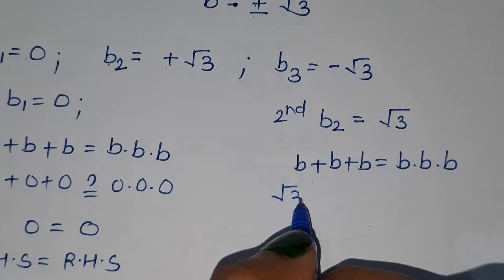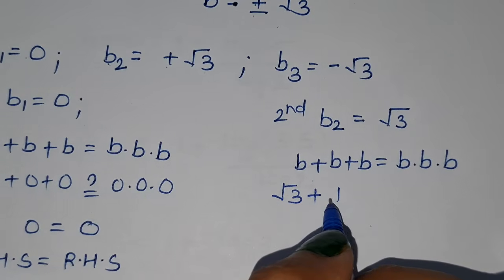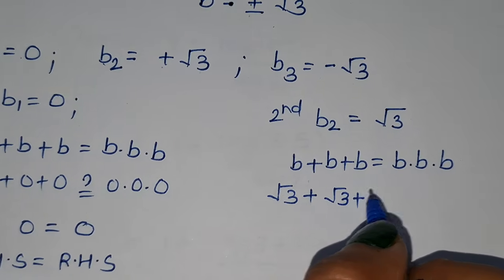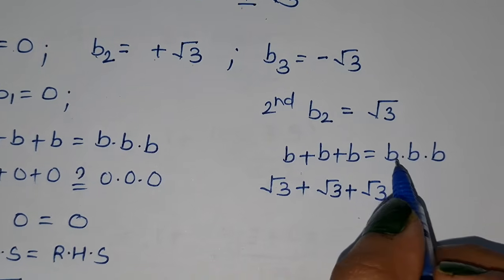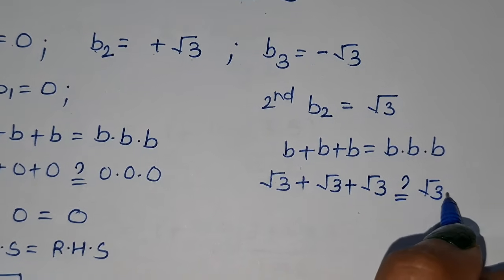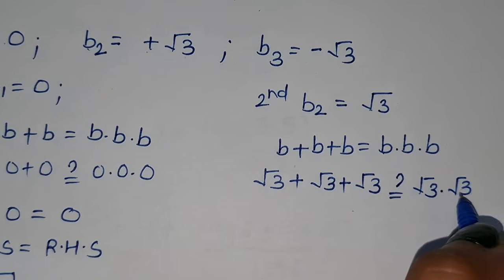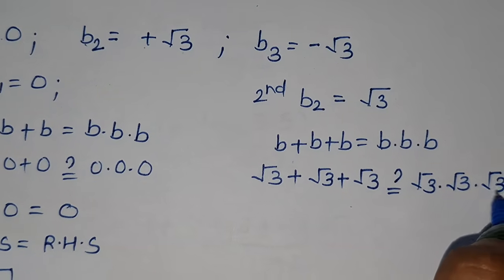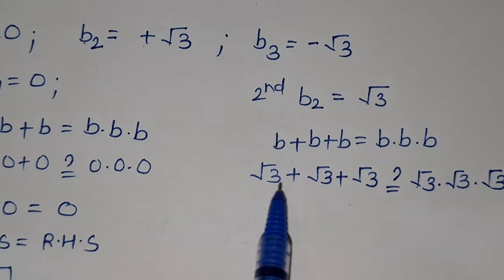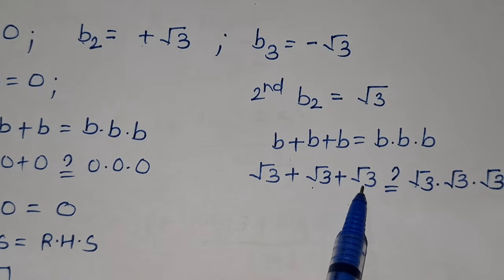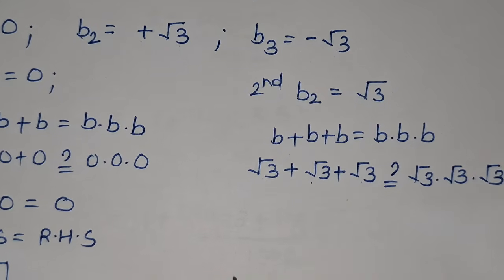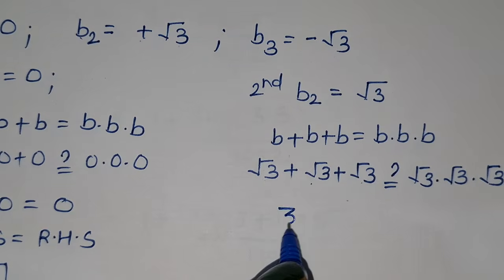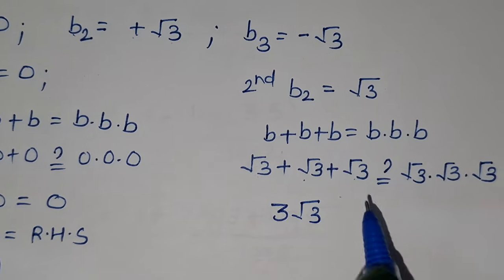Square root of 3 plus square root of 3 plus square root of 3, equals? Square root of 3 times square root of 3 times square root of 3. When we add the left terms, we get 3 times square root of 3, so we write 3 square root of 3.